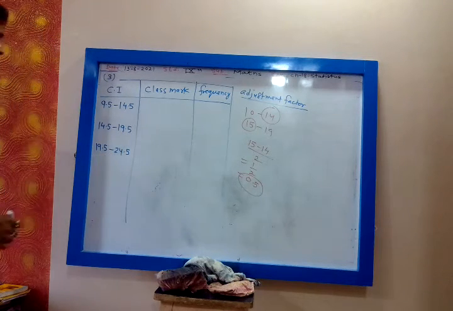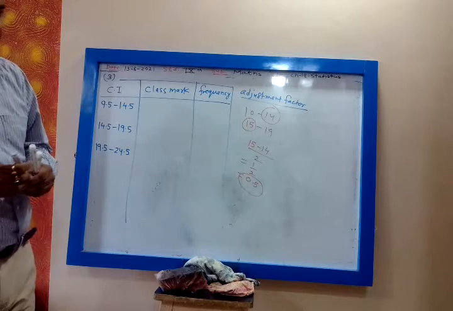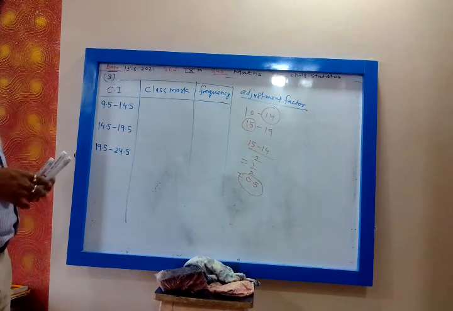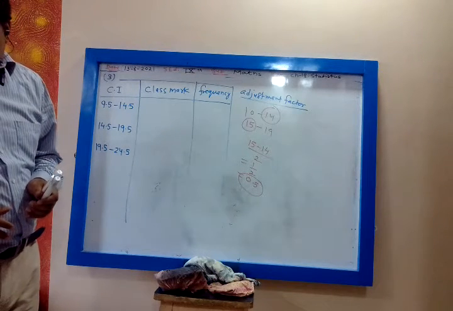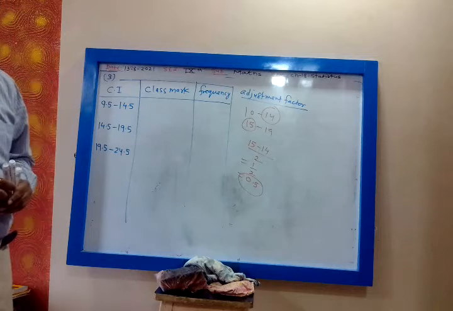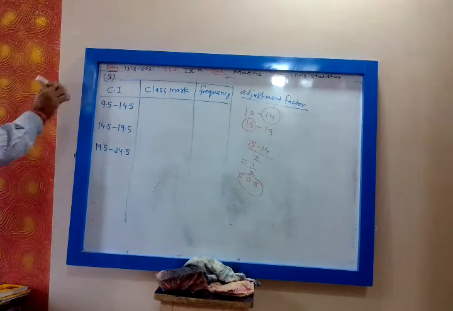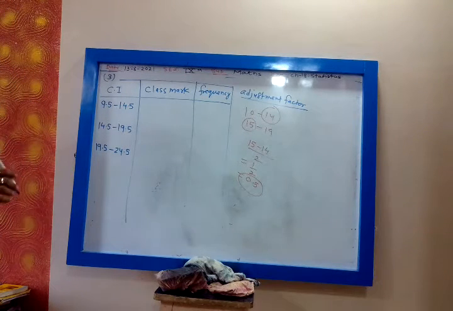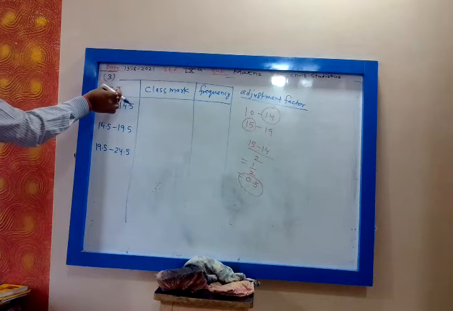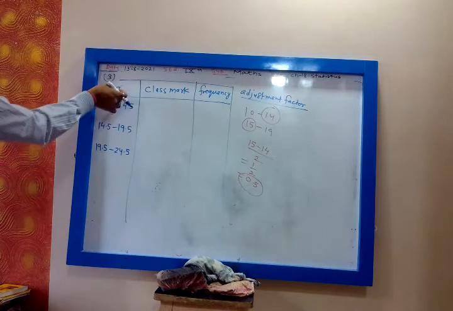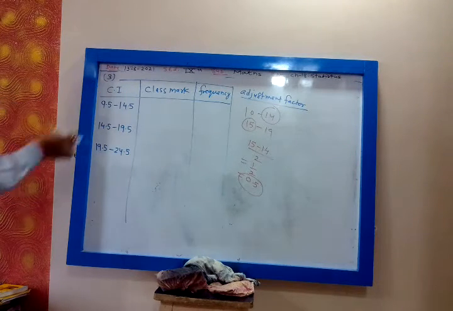But again see here, one more thing: the graph should start from the x-axis. So that we'll see at the end. You leave one line there. That adjustment I will show at the end.